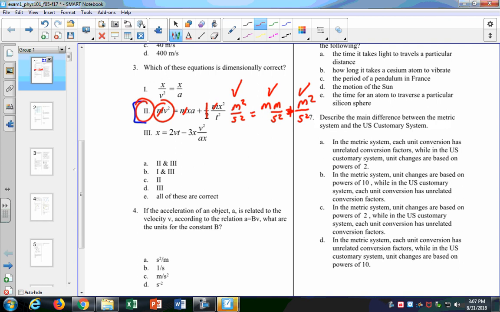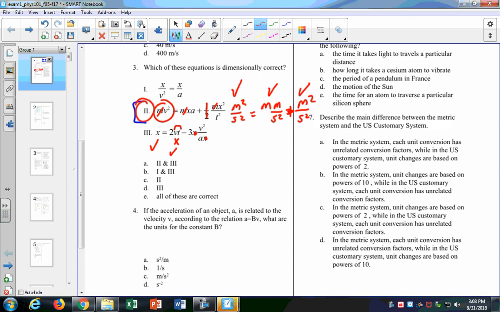And in fact, we can look at some of these others, and you might be able to even say, well, I know that v times t is the same as x, so far we're okay there. I can cancel out my x's here and here, and then it's just a matter of, is v squared over a, is that meters? Can you think about that in your head?